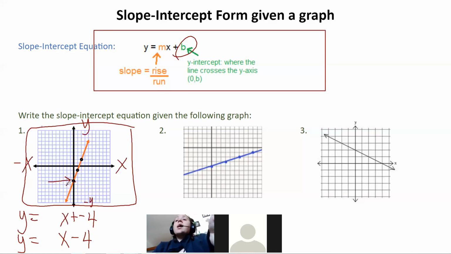If I want to try and get to the next point. Up. I'm going to go up. How far up would I go, Emma? Up 3. Yep, I'm going to go up 3. And then right how many? 1. Yep. And you don't want to leave it as 3 over 1 because that's not considered a simplified number.